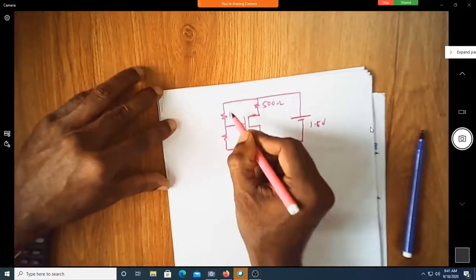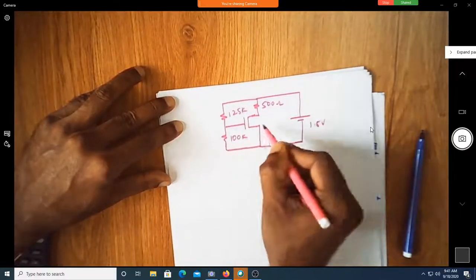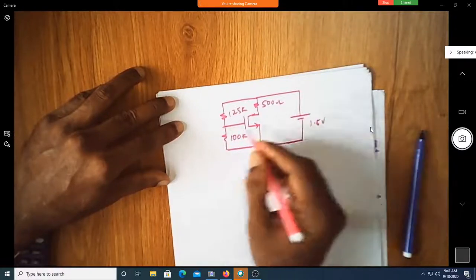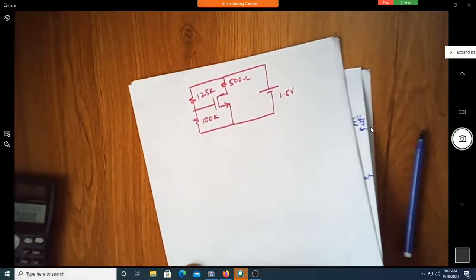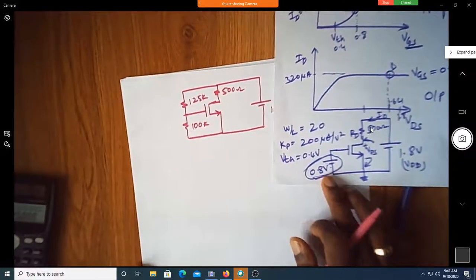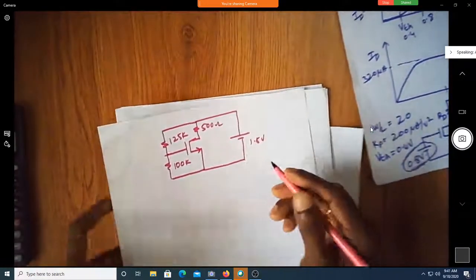This is 125k. This is 100k. Ayush, is this fine? Yes, sir. Will it give the same effect as this circuit? Correct? Yes. Okay.